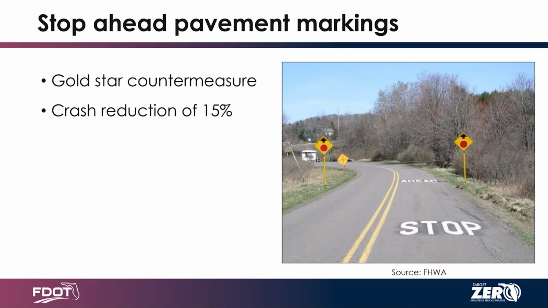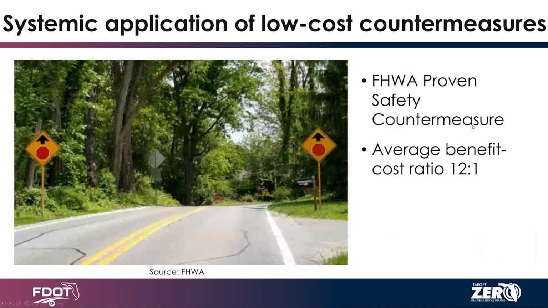You can't even see the stop sign in this picture, so really alerting drivers ahead of time that they need to slow down. Potentially, this could be paired with additional countermeasures like transverse rumble strips in the area as we begin to stack them to improve driver awareness. Again, these countermeasures are relatively low cost.